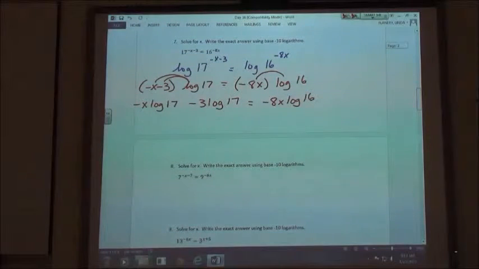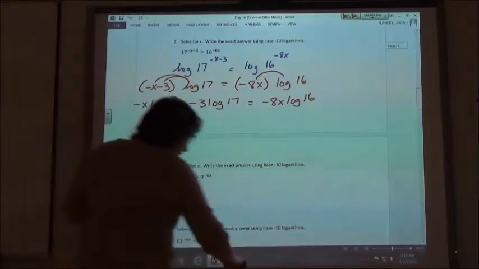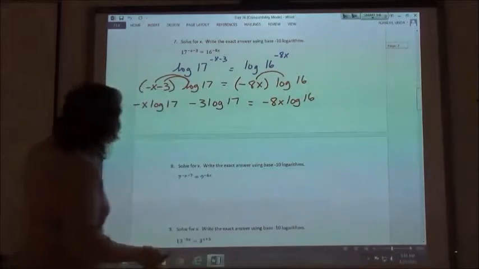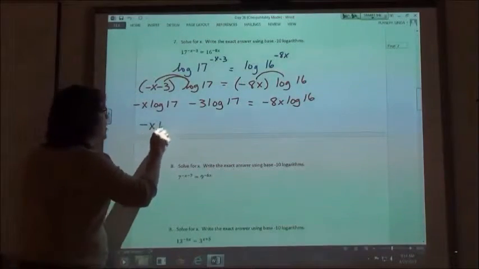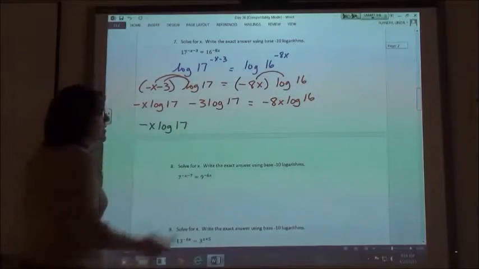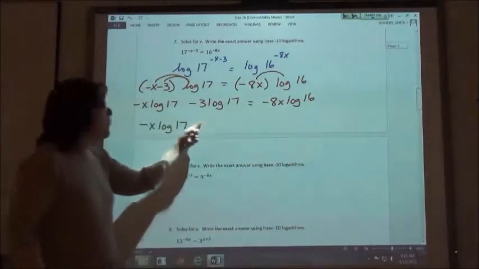Now what we have to do with that is anything with an x we want to move over to the left side. Anything without an x we want to move to the right side, because we always want to get our variables together. So this one's going to stay here. I'm going to have negative x log of 17. This one's going to have to move over here.